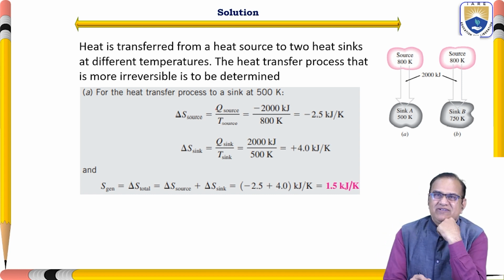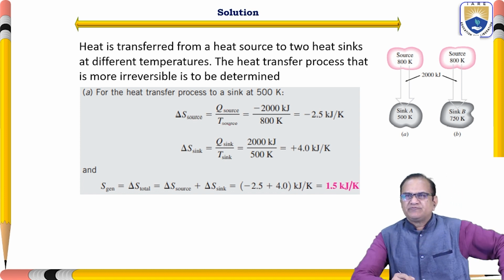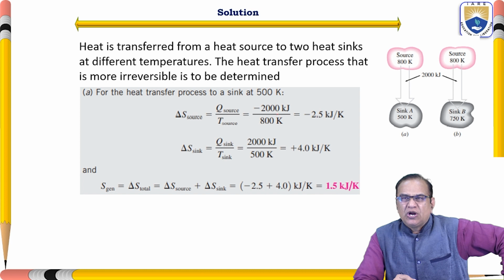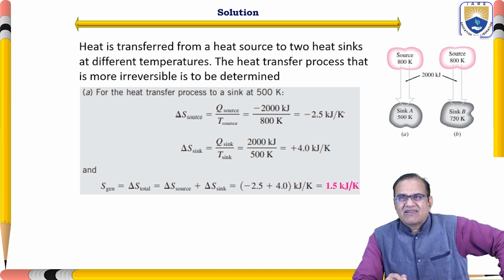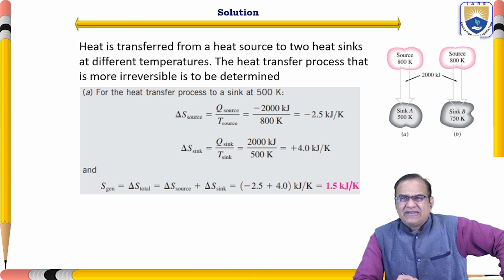Delta S source is equal to Q source by T source. So here it is minus 2000 kilojoule by 800, so you will get minus 2.5 kilojoule per Kelvin. Now delta S for the sink is equal to Q sink by T sink.